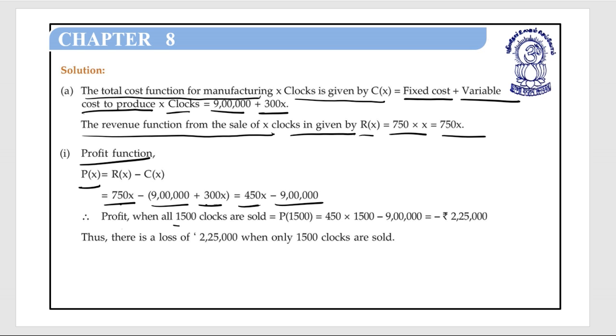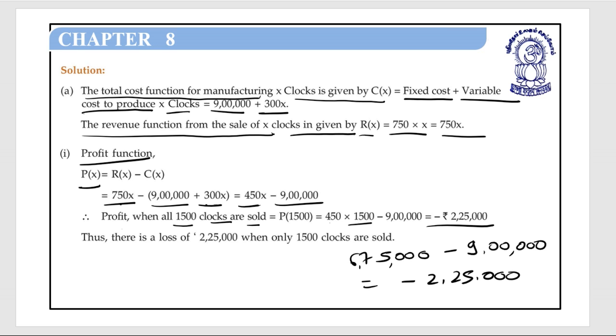Profit when all 1500 clocks are sold. So P of 1500 is 450 into 1500 minus 9 lakh. So it is 6,75,000 minus 9 lakh is equal to minus 2,25,000.